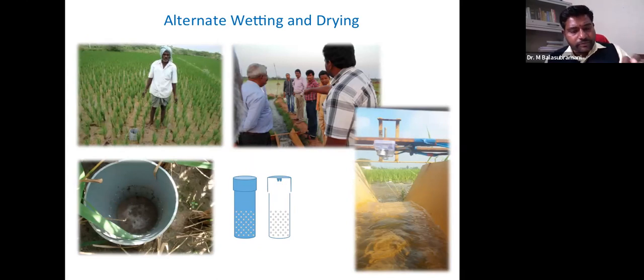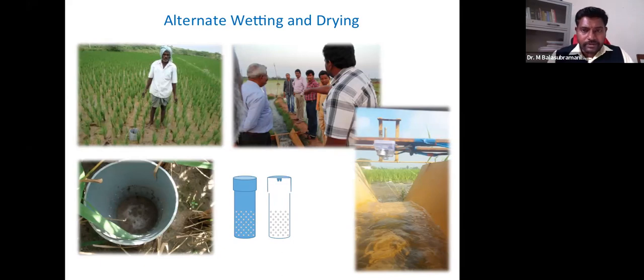That's a plastic perforated tube. We have to plant almost 6 to 20 of these perforated tubes in 1 acre. And if the soil within the perforated tube is dried, then you have to irrigate. Accordingly, you are saving water.